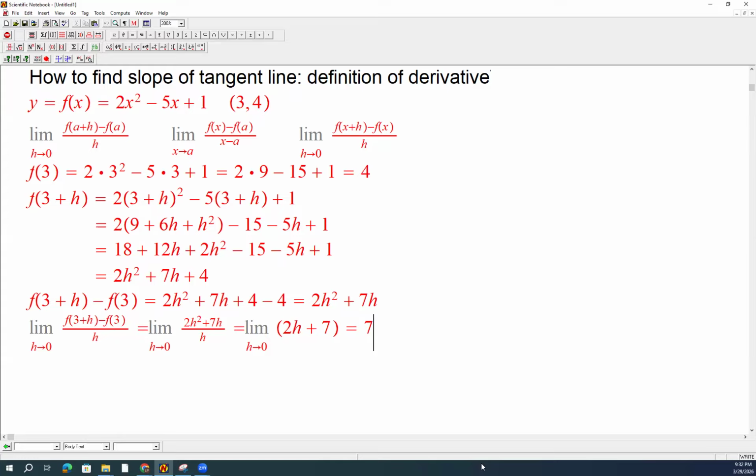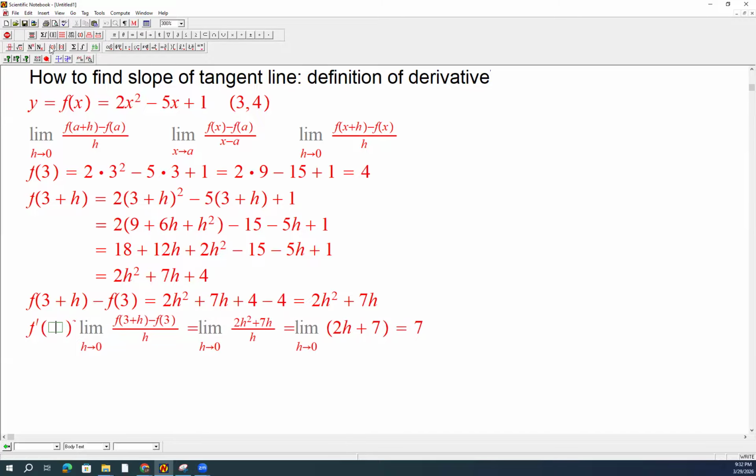Okay, so now we got the slope. Okay, we got the slope. This slope, we also call it f prime of 3 equals to. Okay, so notation wise, you know that this is the slope at 3 for the tangent line.